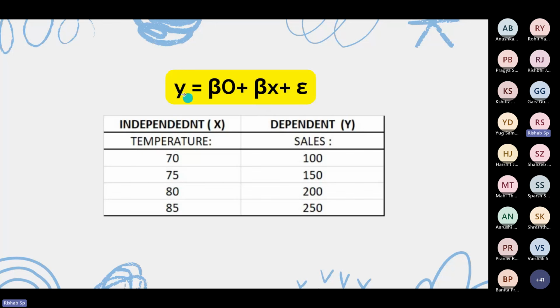Simple. Dependent is equal to beta 0, the intercept, plus beta x, coefficient into independent variable, plus error. Fine. This is all about linear regression.